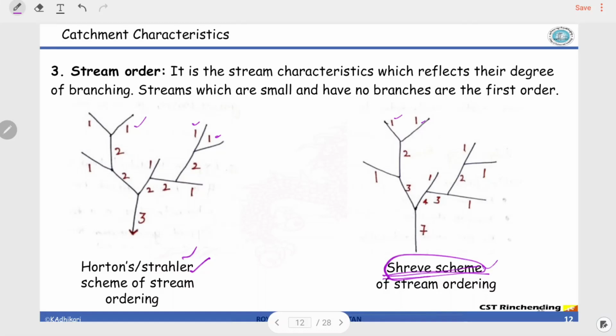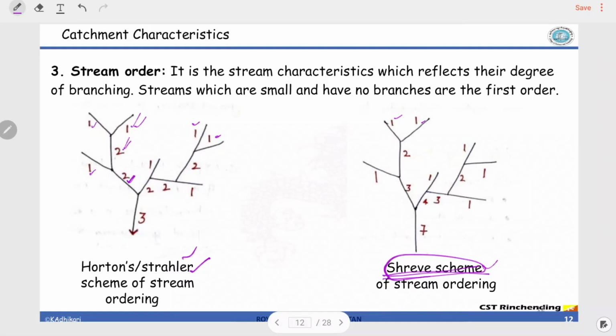Now the second order is also going to be the same, because when two first order streams join, then it becomes second order for Horton. And when one second order and one first order stream join, the stream order does not increase in Horton's case.